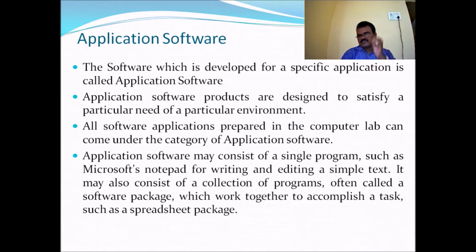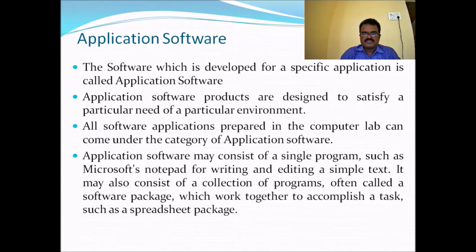Next type of software is application software. The software which is developed for a specific application is called application software. Application software products are designed to satisfy a particular need of a particular environment. All software applications prepared in the computer lab can come under the category of application software.